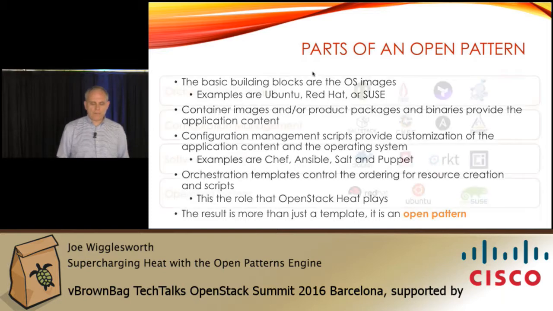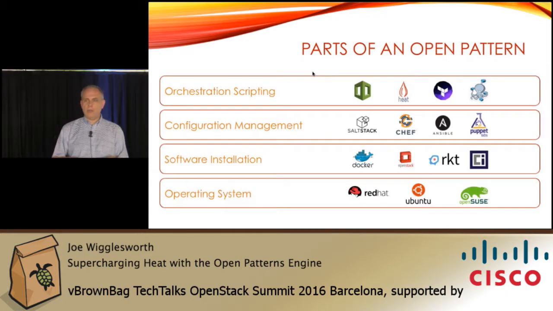Graphically, what that could look like, and it's an open pattern because there is a lot of choice. If you think of an open pattern as a bit of a layer cake, on the bottom are our operating systems, where we can have a lot of choice. Software installation on top of the operating system is where we can have our containers, Docker, Rocket, or anything that meets the Open Container Initiative, or traditional packages.